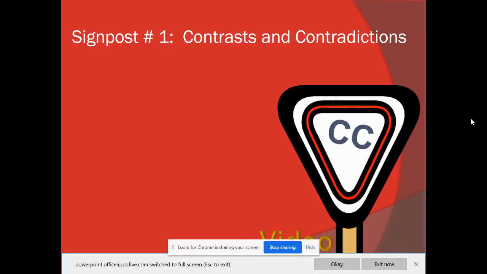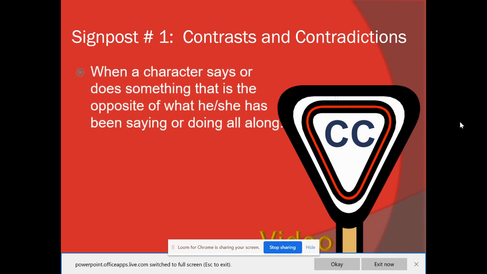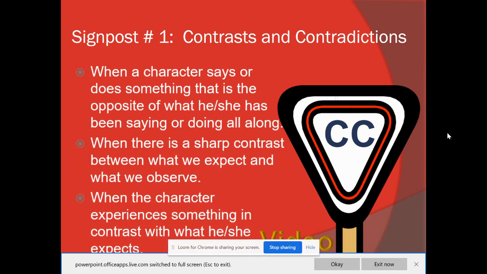So the first one that we're going to look at is contrast and contradictions. This is anytime you have a character who says or does something that he or she hasn't been saying or doing all along, when they're starting to act sort of abnormally, then you know that something is wrong.